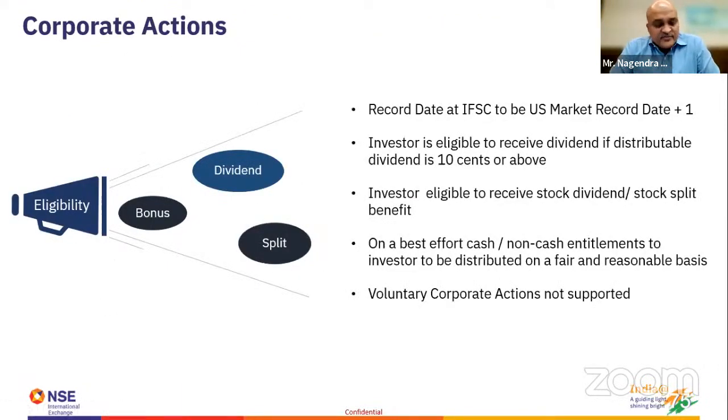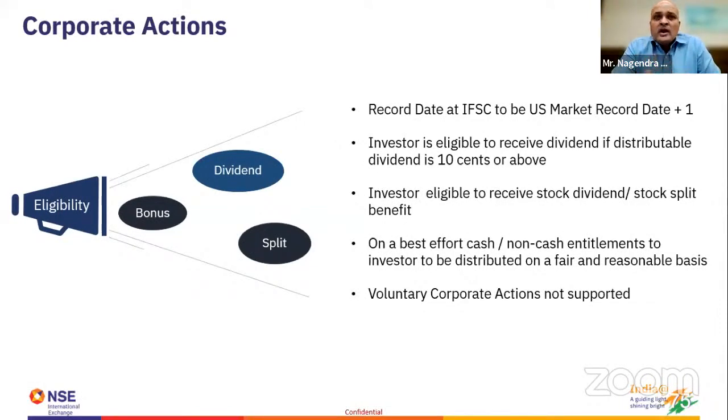So from a corporate action perspective, the concept is exactly the same. Like you have a record date, you have an ex date. Here, what we have proposed is that if there is a dividend, see, normally not every US company pays a cash dividend. Very few companies pay a cash dividend, and some of them pay 20 cents per share, some of them pay 30 cents. So they're not in huge numbers.